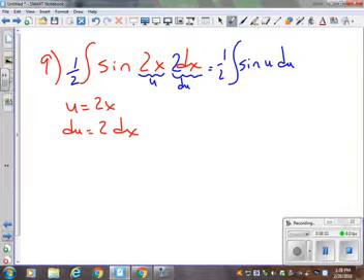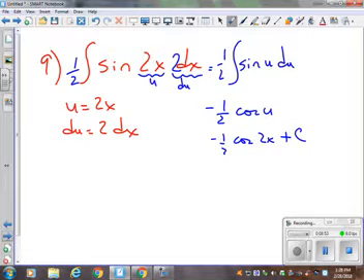Does that need a negative? Why does it need a negative? Right. See, the derivative of a cosine is supposed to be negative sine. So if you just remember, the rule says when you integrate it, if it starts with a c after the integration, put a negative on it. So negative 1/2 cosine of 2x plus c. Because we're going to put the u back in.